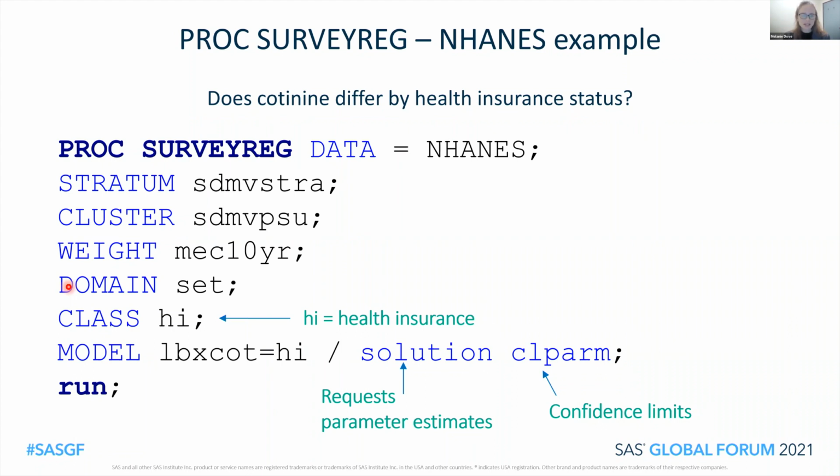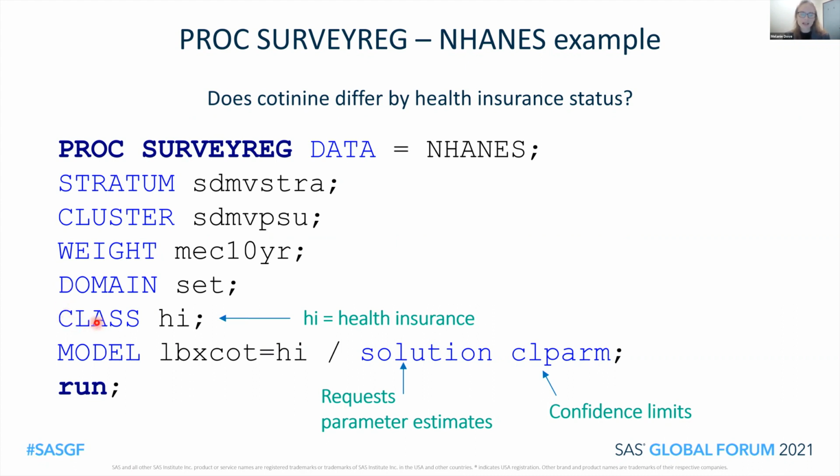So on our domain statement, we have a variable called set that equals 1 if you're in our analysis population, and 0 otherwise. For example, if we're looking at cotinine, we may want to restrict our analysis to just adults who are non-smokers. So in this case, set would equal 1 if you're an adult and you're a non-smoker, and 0 otherwise.